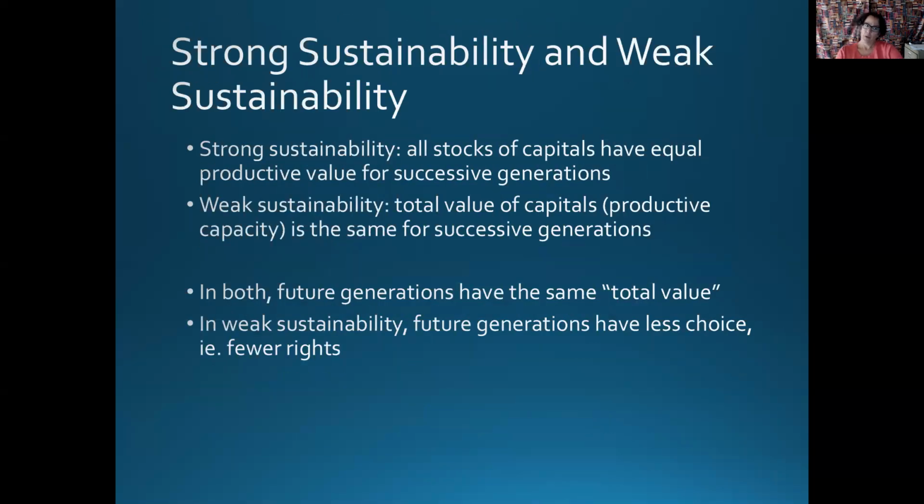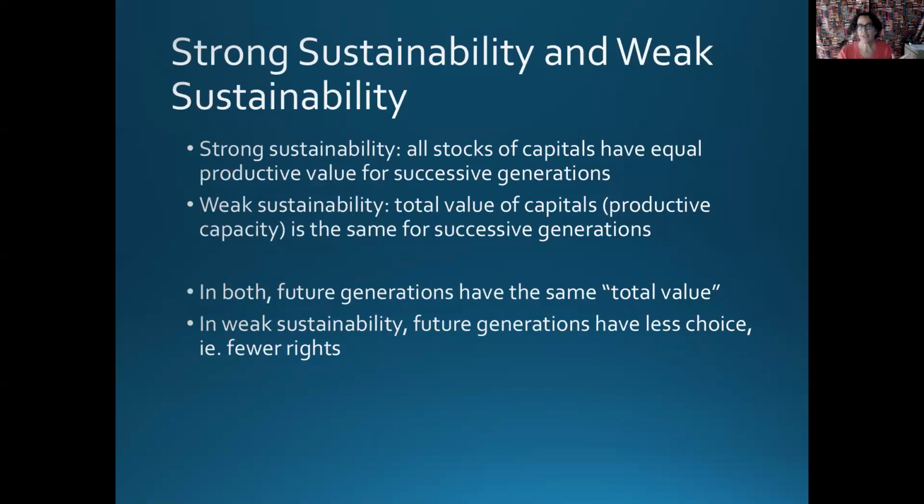So that difference between how much substitutability there can be between different stocks of natural capital is strong. One is called strong sustainability, one is called weak sustainability. Strong sustainability is where all stocks of capitals, particularly natural capitals, are going to have equal productive value for successive generations.